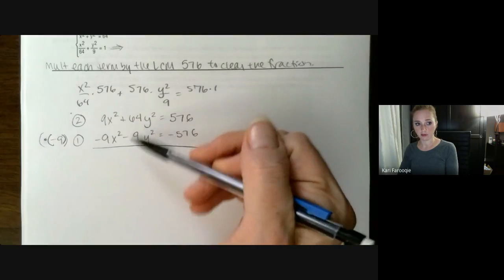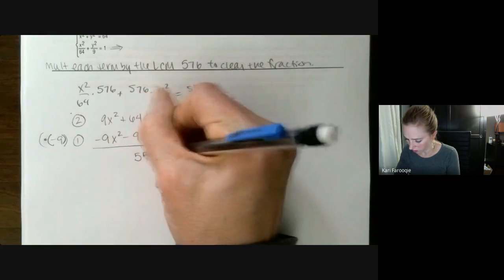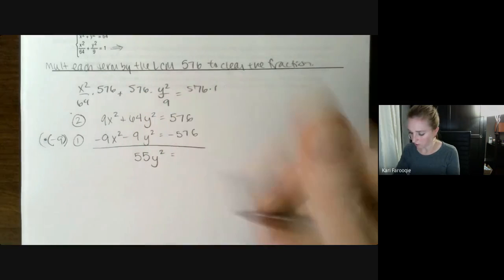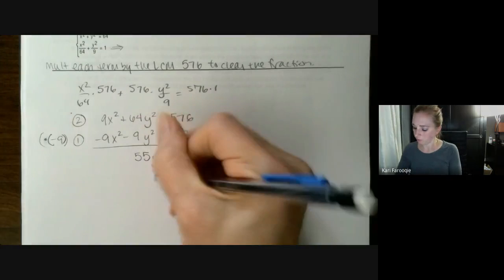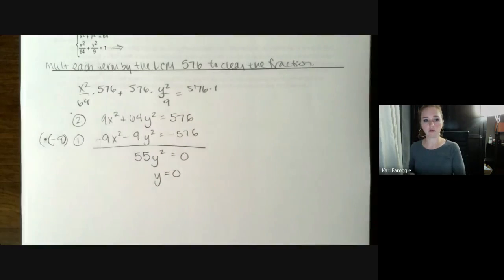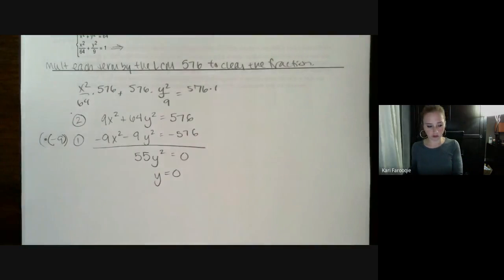You'll have 64 minus 9, which is 55, y squared equals 0. And if you did this and you thought, okay, what happened? What did I do wrong? This is not right. Not necessarily. I know it's a weird result, but that does not mean that you did this incorrectly. It's just different.